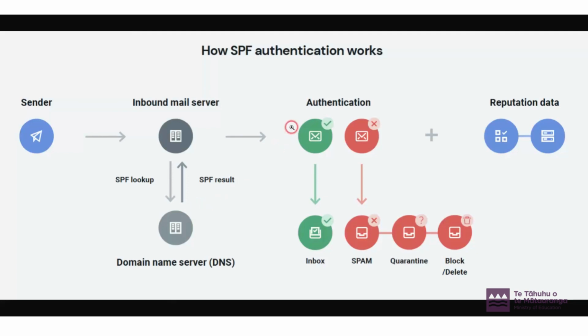If the message came from the SPF record trusted system, the message is authenticated. It is trusted and is delivered to the user's inbox. If the sending system did not match the SPF record, it is unauthenticated, and in most cases it is moved to spam, quarantined, or blocked, depending on that system's configuration.